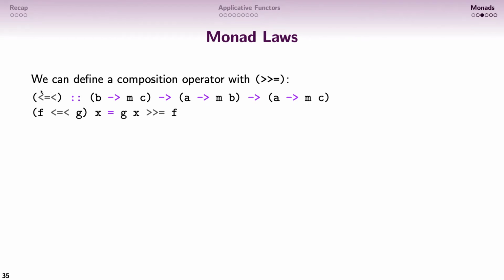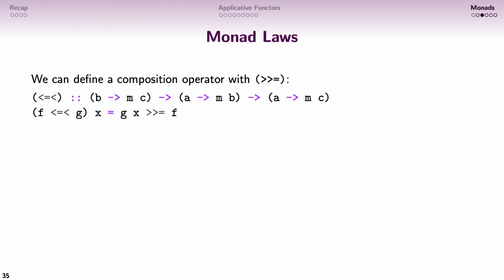So this is a function composition operator, and I implement it using bind by just basically applying X to G and then binding the result into F, right? And the laws for monads are much more easily expressed using this composition operator, rather than this bind function.